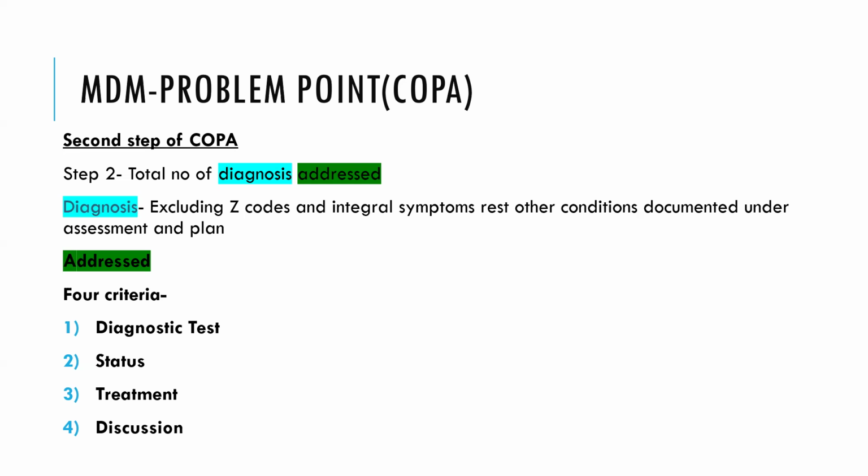Now, the second word you need to understand is addressed. I split this addressed into 4 criteria: diagnostic test, status, treatment, and discussion. Out of the 4, if any one criterion is present in the note regarding the diagnosis given under assessment and plan, you can consider it addressed.